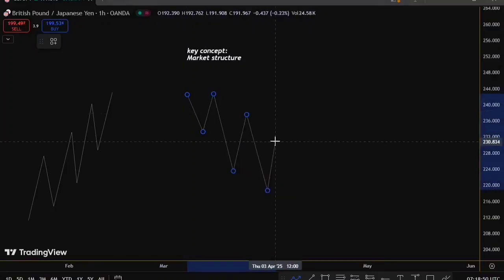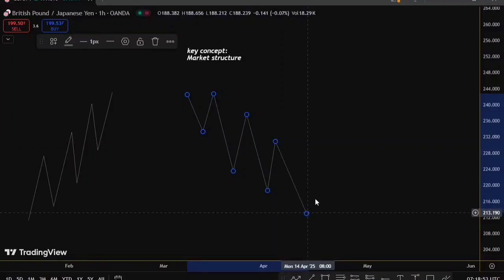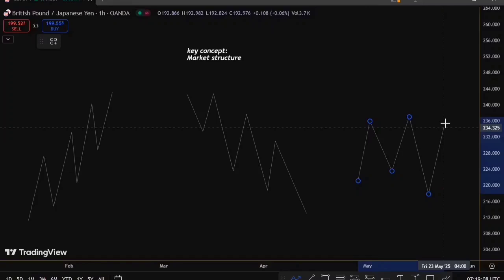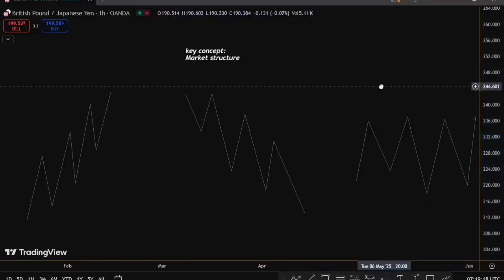This is considered a downtrending market, which is predominantly controlled by sellers. And we have the ranging market, which is just equilibrium between buyers and sellers. It can also be called a consolidation market.